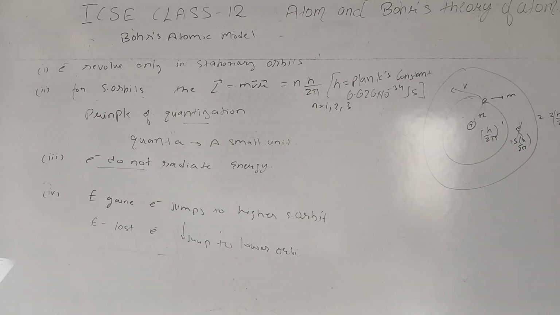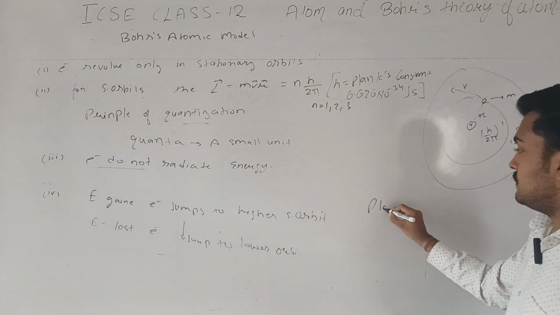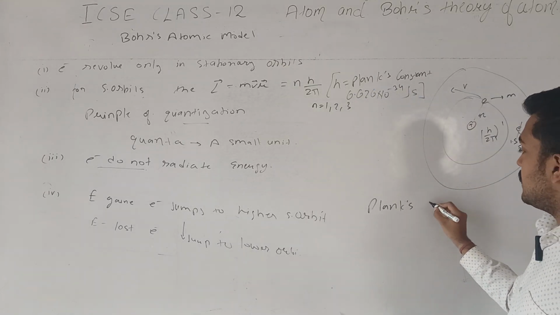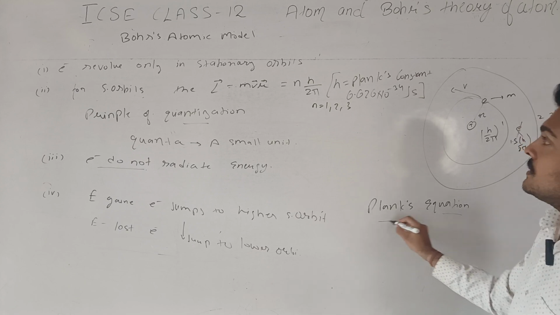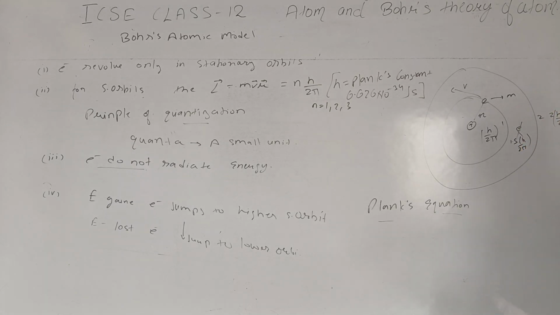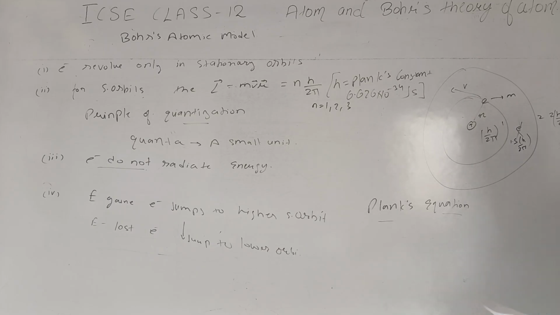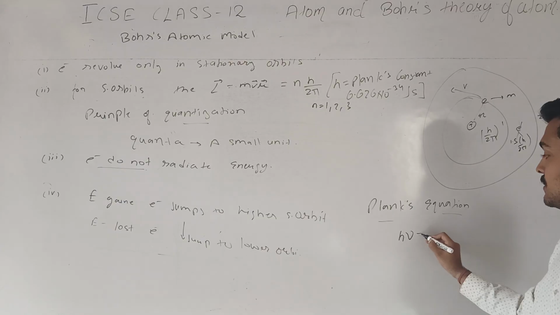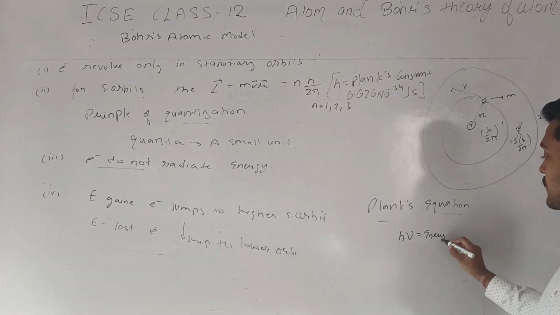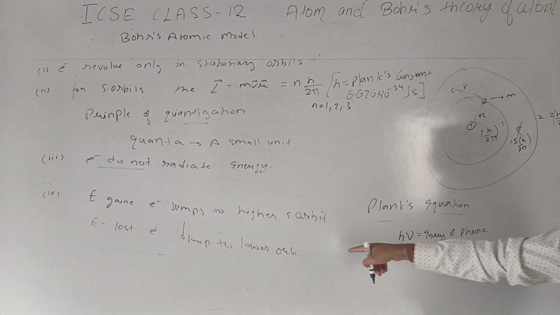And we have one equation known as Planck's equation. Planck was the name of the scientist. According to Planck's equation, the energy of a photon is equal to h mu, because the electron loses energy and goes to the lower orbit.